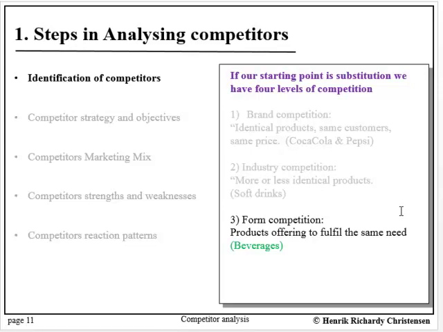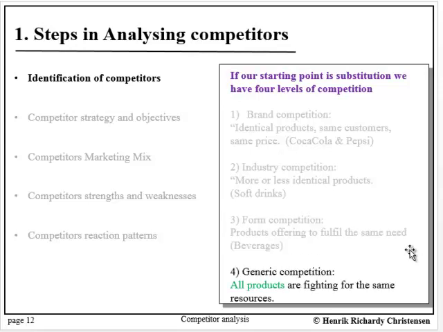Now the third one, form competition. We could look at competitors offering products that fulfill the same need, maybe the need for being thirsty or having something to drink. So that could be beverages. The last one is generic competition. That is where all products are fighting for the same resources that the customers have.